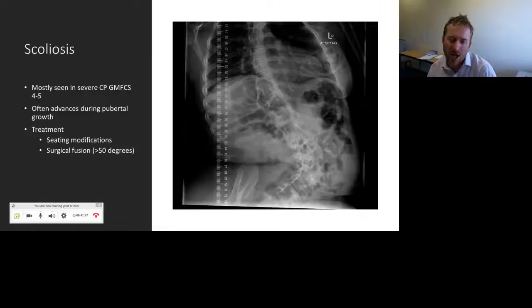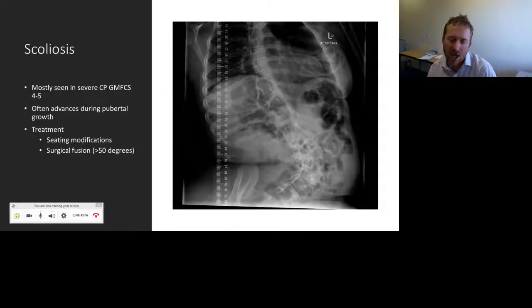For some children, when that's not possible, a thoracic lumbar sacral orthosis may be beneficial, but we often use lateral supports if that's sufficient. The surgical fusion is often offered when the degree of the curvature is more than 50 degrees. That can be either through an anterior spinal fusion or a posterior spinal fusion, depending on the size of the curve and the age of the child.